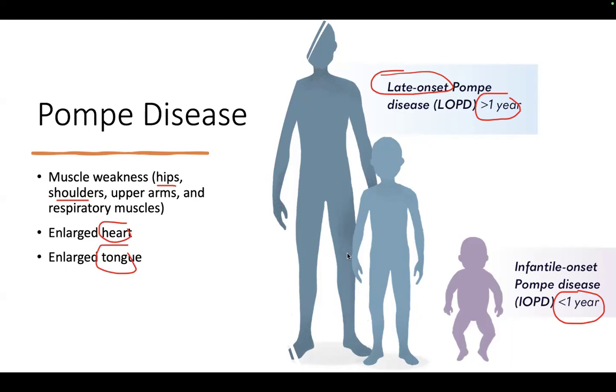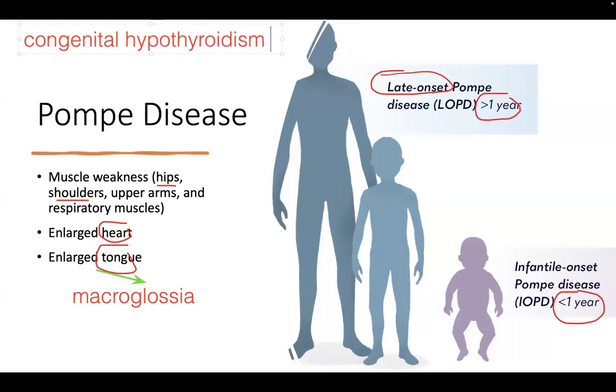Now, what do you think is the closest differential for an infant born with a large tongue or macroglossia? First disease that should pop into your head is congenital hypothyroidism, which we also call cretinism. It presents with macroglossia. They are also lethargic, sluggish, okay?